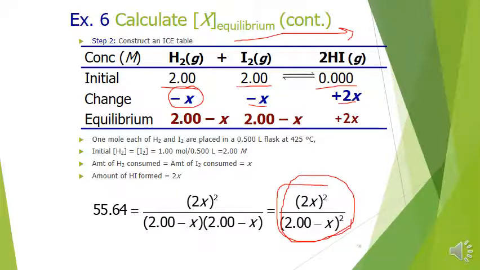It's kind of messy because you got squares. Let's see what we can do. We want to solve for X, and then once we solve for X, we'll plug X back in here to figure out the equilibrium concentrations.